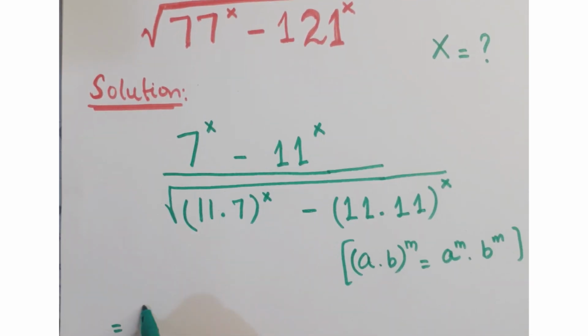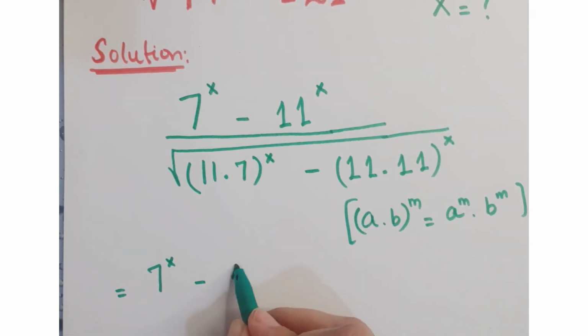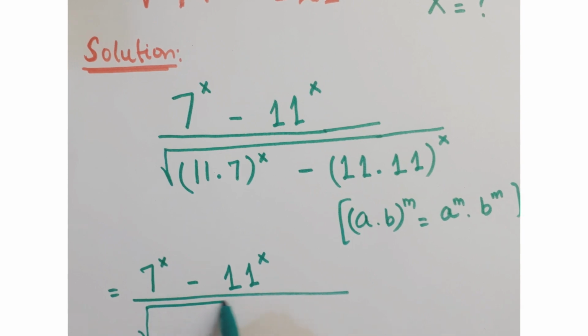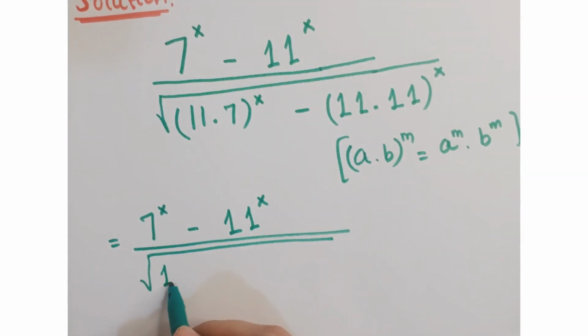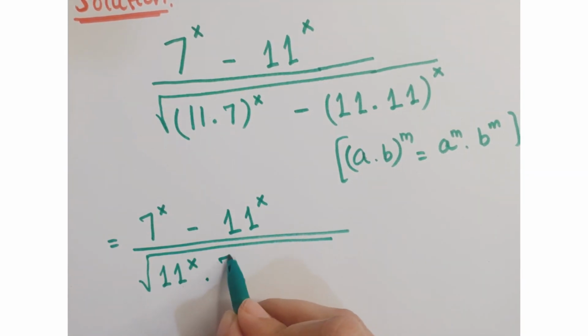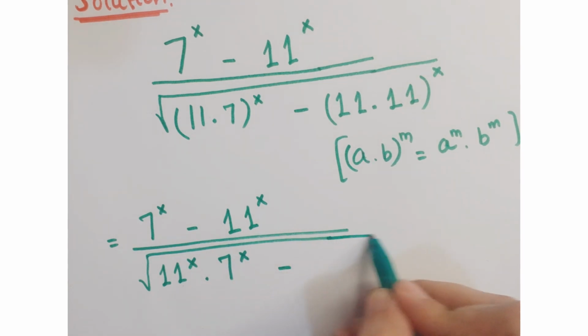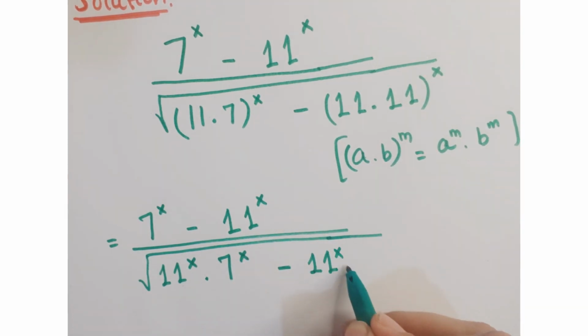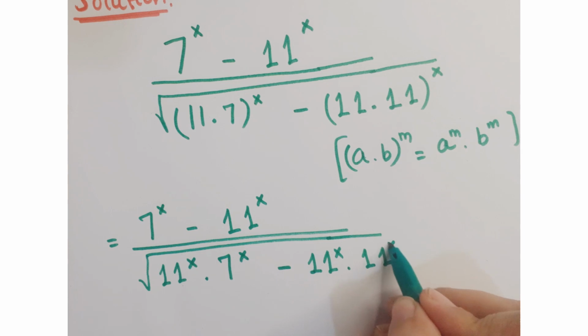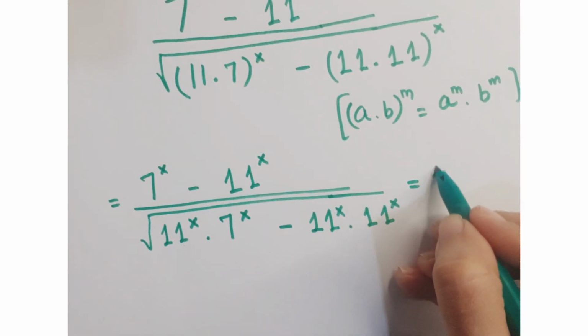So we can write this as (7^x − 11^x) / √(11^x · 7^x − 11^x · 11^x) = 1.